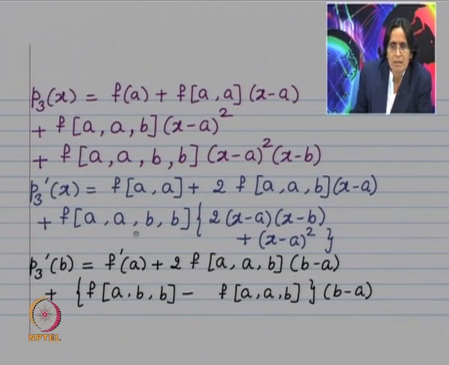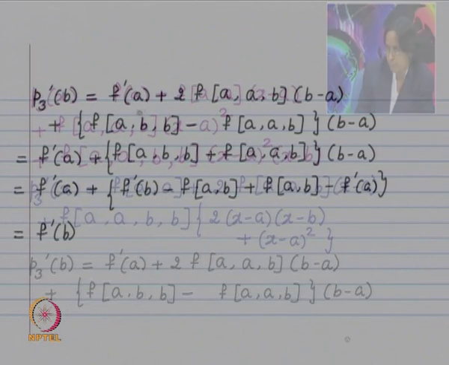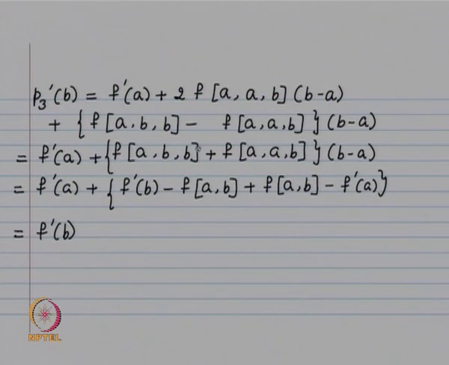This will be nothing but f of a b b minus f of a a b and then divided by b minus a. So, we are putting x is equal to b. So, no contribution from this term and then you have got b minus a. So, this was our P 3 dash b.